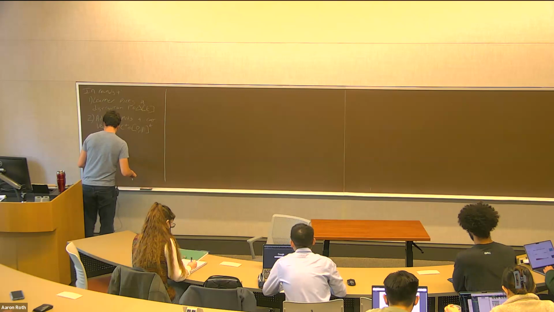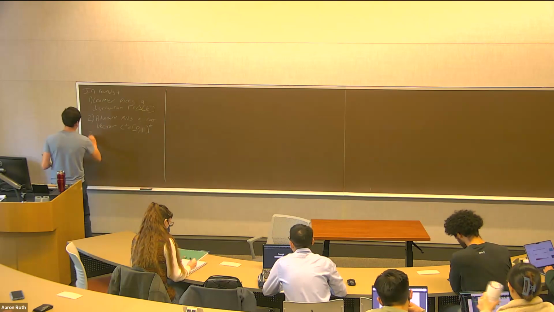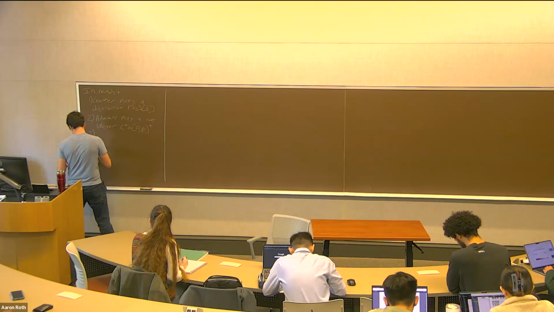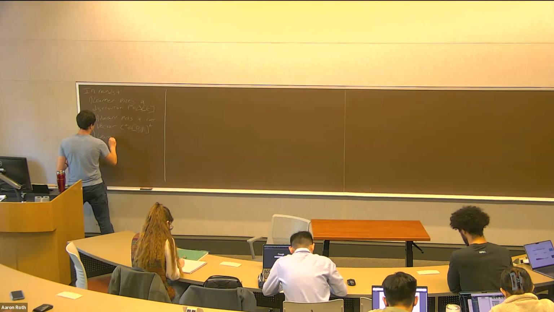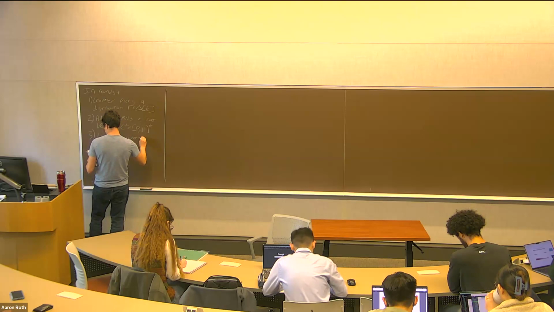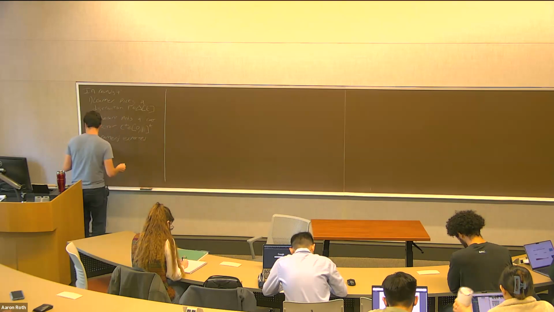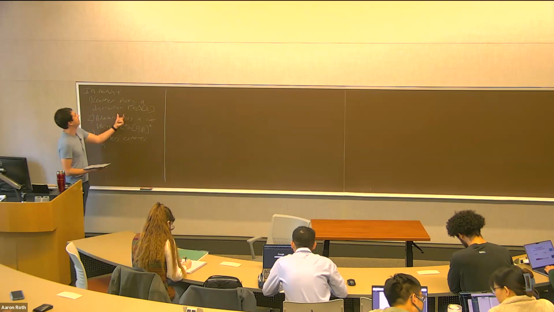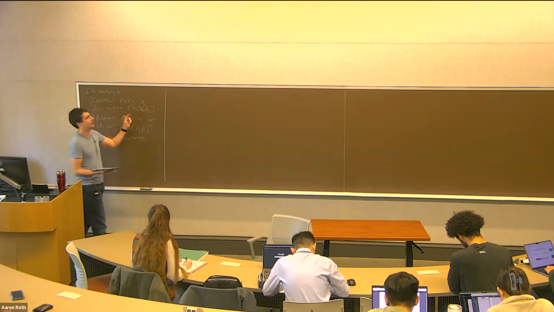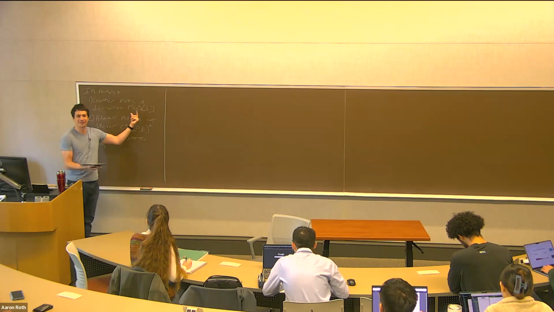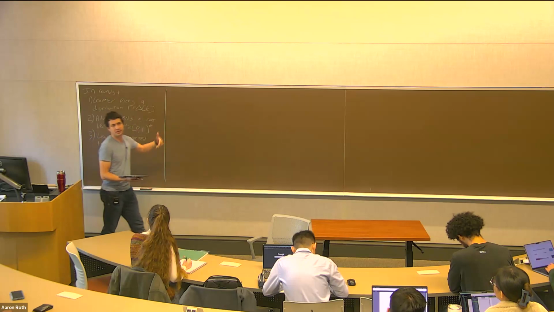And then the learner's expected loss, if they select an action at random according to this distribution over actions p_t, well, what's their expected loss?